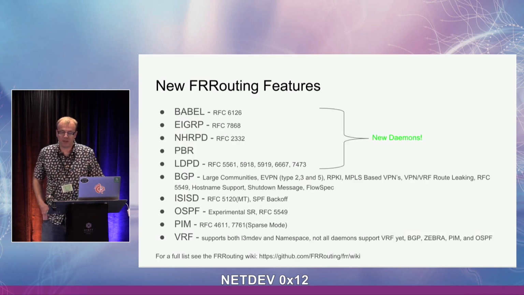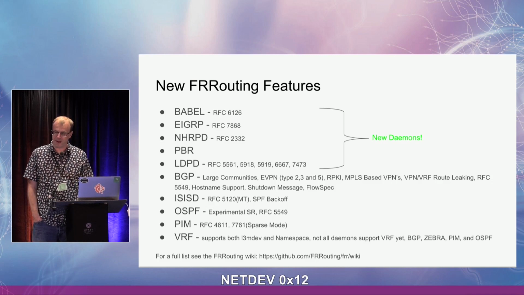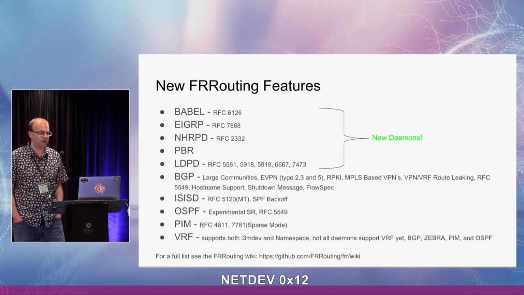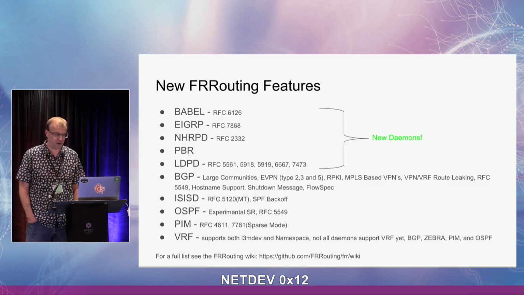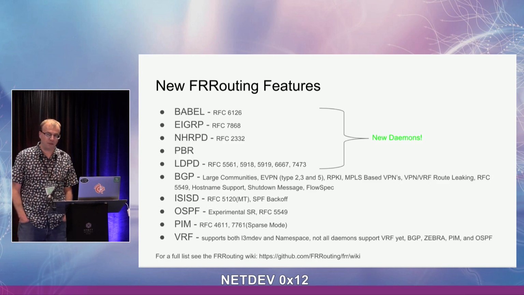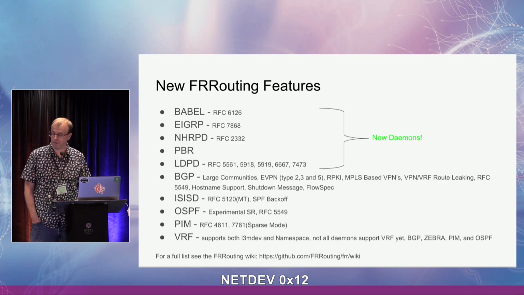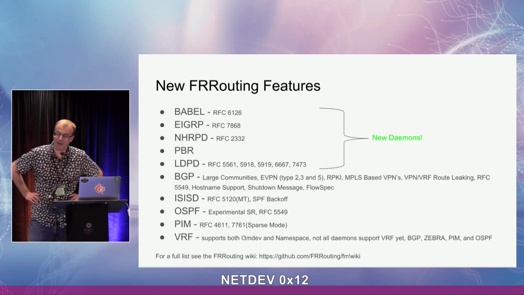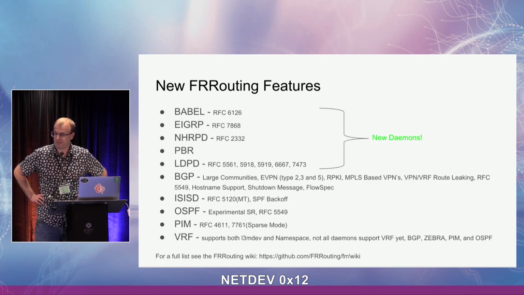All right, so this is the basic new work that we've done. The first 5 items, Babel, EIGRP, NHRPD, PBR, and LDPD, are new daemons since we forked. I'll get into those a little later, what they are and how they work. We've added large communities, a bunch of EVPN support, RPKI, which is a public key infrastructure for route validation in BGP.